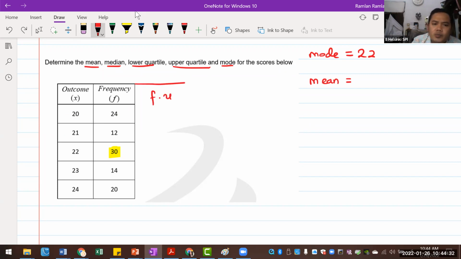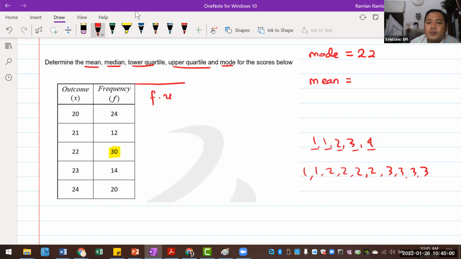So the question is, why do we need to multiply? Remember, when we talk about the mean, you just add the values, right? For example, I have 1, 1, 2, 3, 4 and you want to find the mean. The mean is just adding 1 plus 1 plus 2 plus 3 plus 4. Let's say I have another one: 1, 2, 2, 2, 2, and 3.